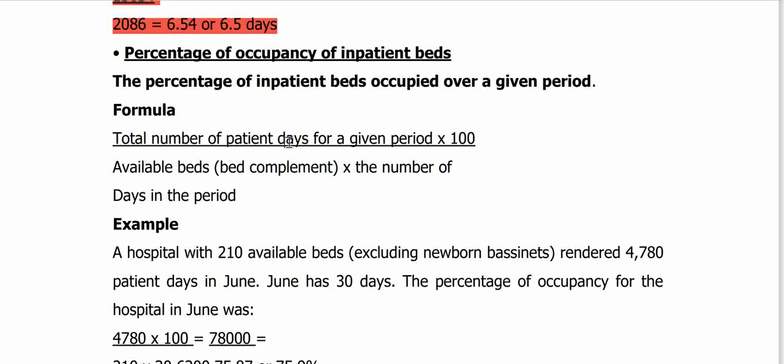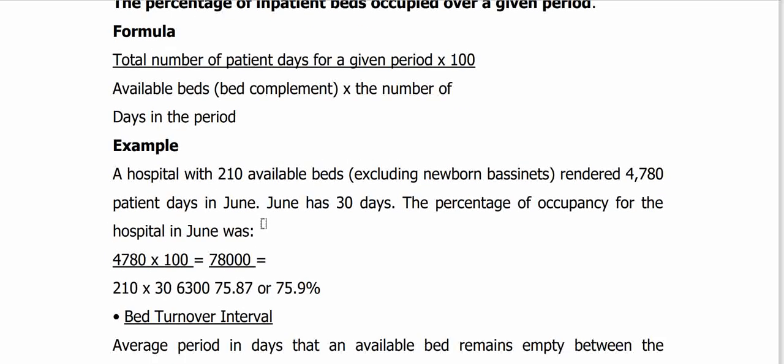All right, then we are moving forward by calculating the percentage of occupancy of inpatient beds. We want to find out how many beds were occupied for a certain period of time. So the formula is the total number of patient days for a given period of time multiplied by 100, divided by available beds times the number of days in the period.